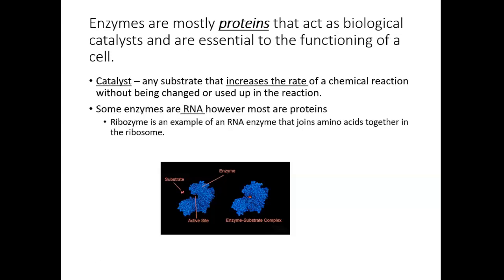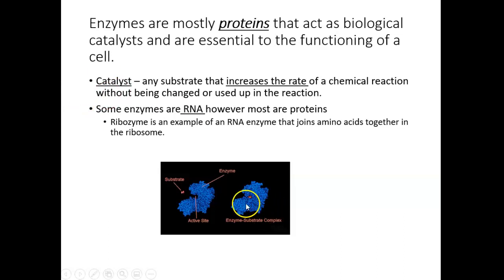Within your cells, you have a lot of catalysts that help increase the rate of chemical reactions. Some enzymes are RNA, however, most of them are actually proteins. A ribozyme is an RNA enzyme that joins amino acids together in the ribosome, so it helps build those peptide bonds.